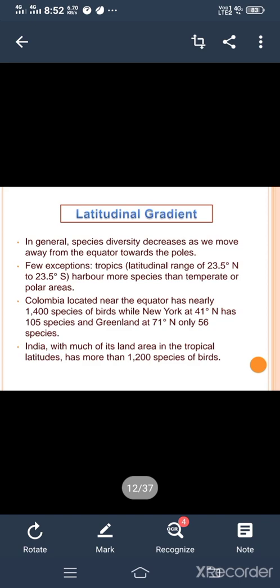Near the equator, the sunlight is more, so the plants are more, but birds don't like that much heat. So you might expect Colombia, being near the equator, to have fewer species of birds, but it has more, that is 1,400, when compared with New York at 41 degrees north, which has only 105 species.